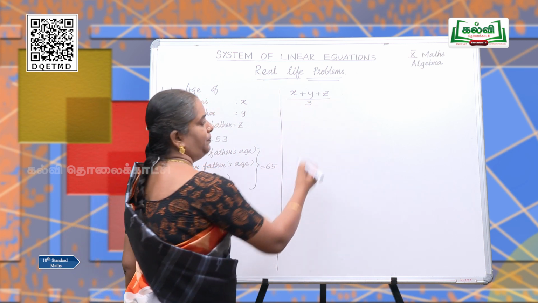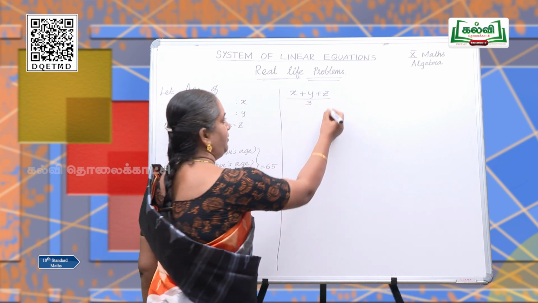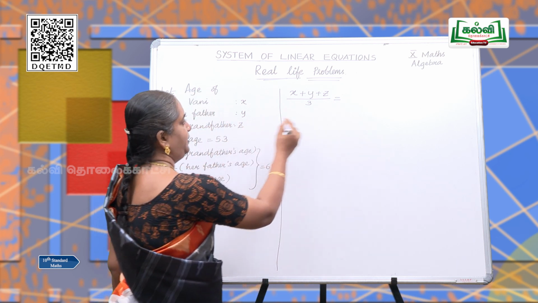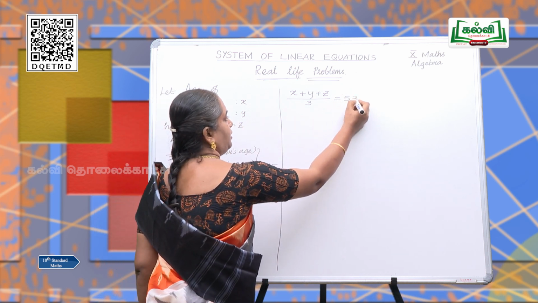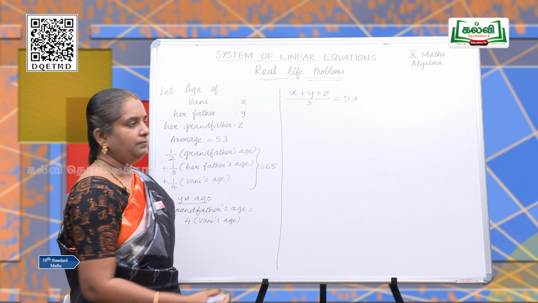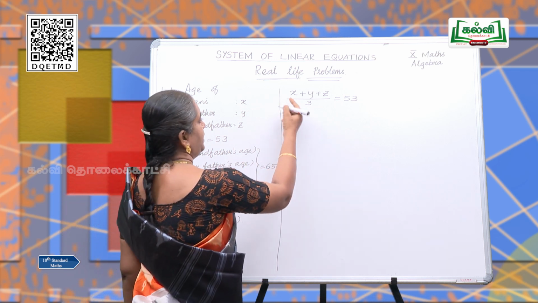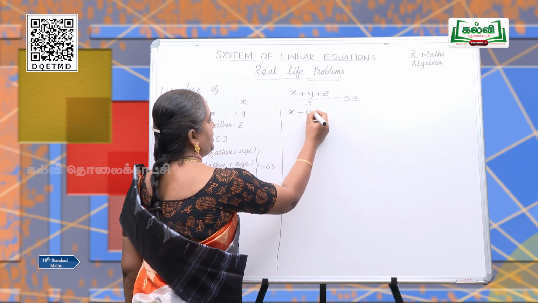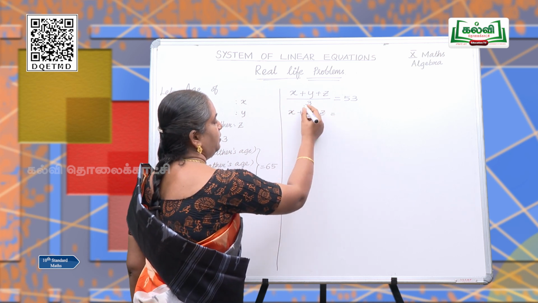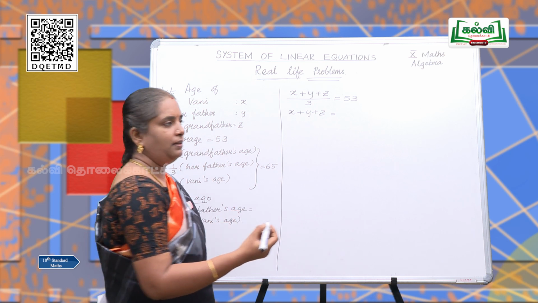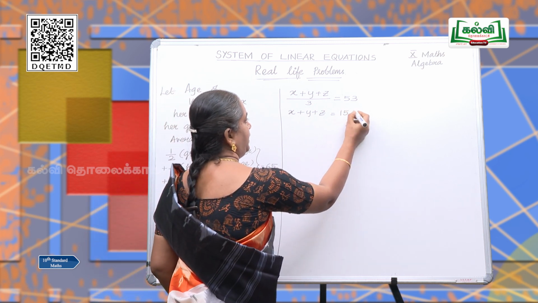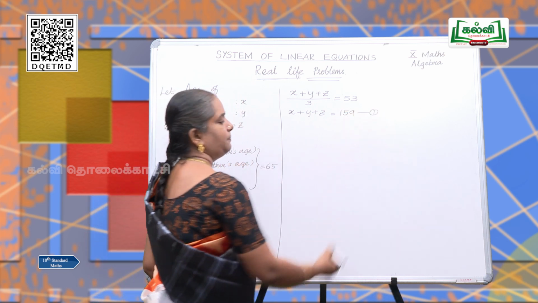Yes, 3. So, dividing by 3 we get the average and it is given as 53. So, we can equate it to 53 and restating we may get the first equation, that is X plus Y plus Z is equal to, multiplying by 3 both sides, 159 is the first equation.